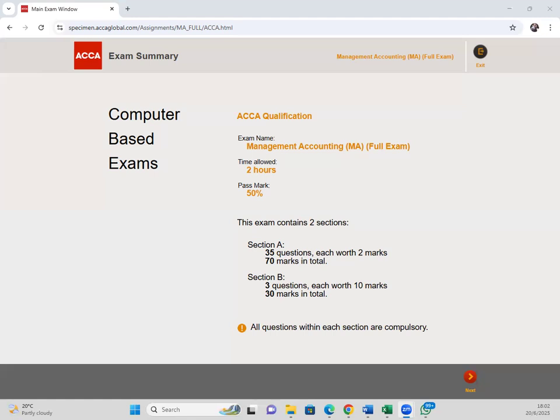So we have section A with 70 marks, 35 questions, section B with just 3 questions, but carrying 30 marks. So it's very important that you do complete all the sections in time. A lot of people fail to complete, not because they want, but because of failing to manage time. So it's very important that we manage our time.